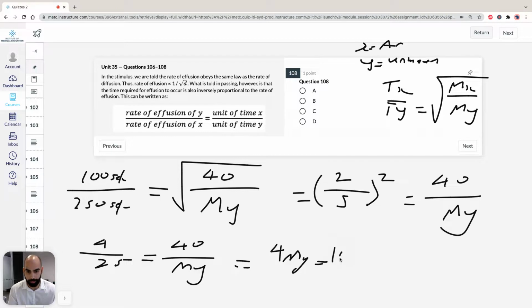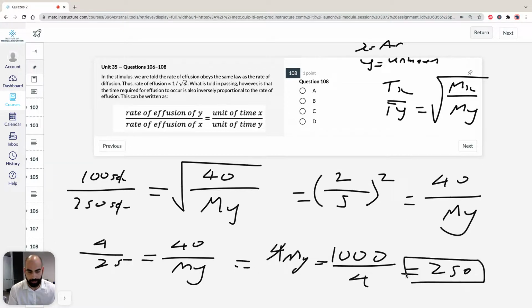So My equals 1,000 divided by 4, which is 250. The molar mass is supposed to be in grams per mole. They didn't say so in the unit, but I'm assuming it would be grams per mole. So we'll make the assumption it's 250 grams per mole. Therefore, our answer for 108 is going to be D.